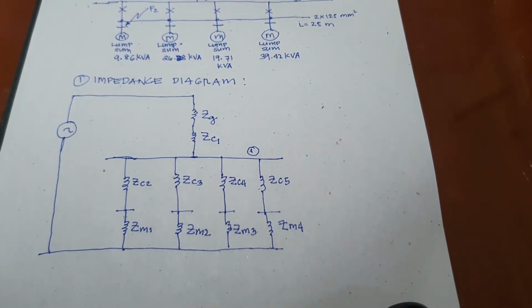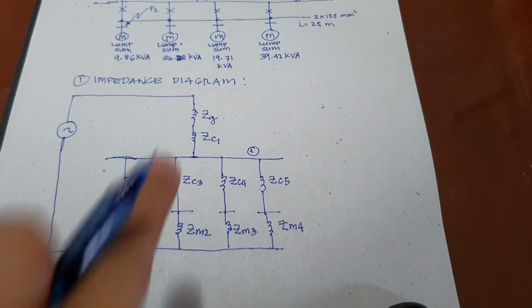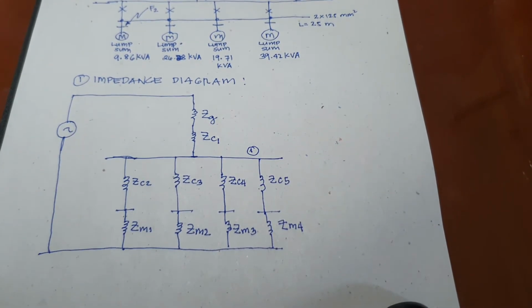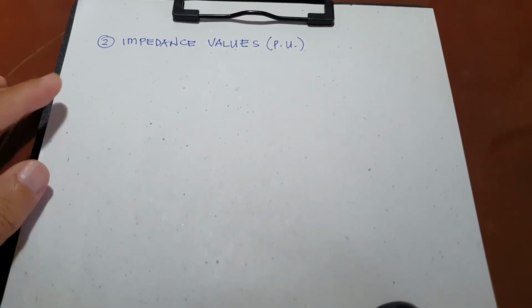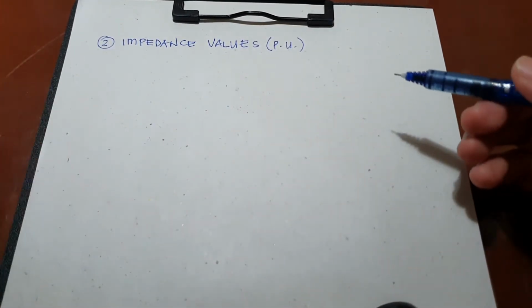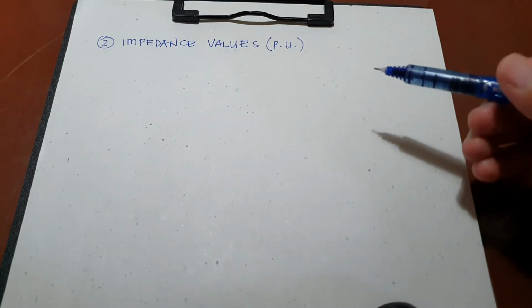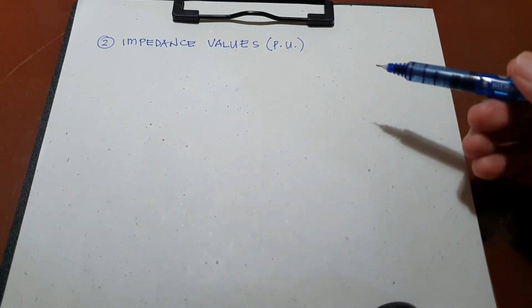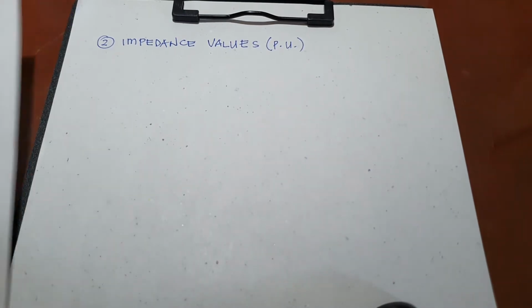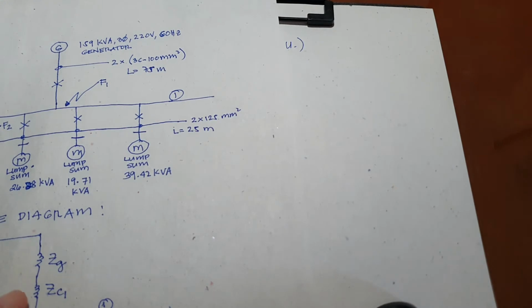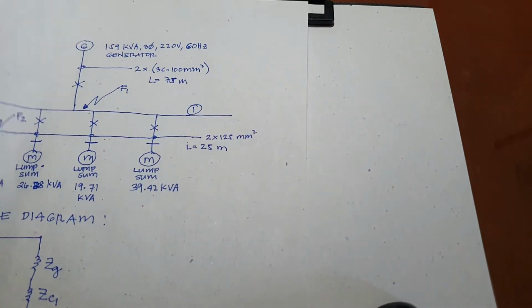Now step 2, we are going to determine the value of each impedance. In step 2, we are going to calculate the impedances from the generator up to the motors. It includes the cables also, and the motors.